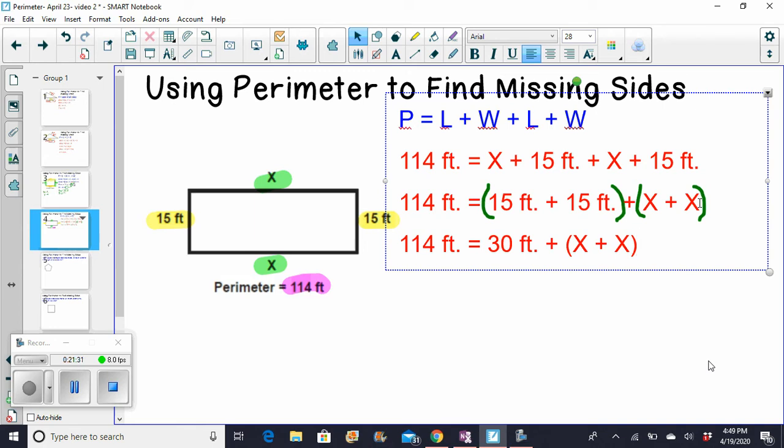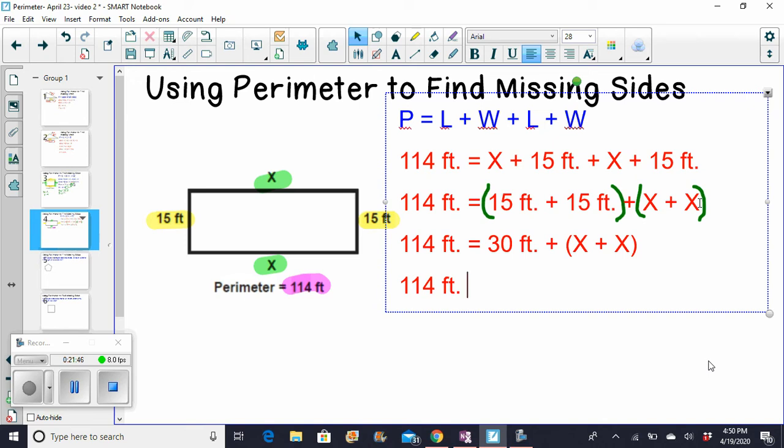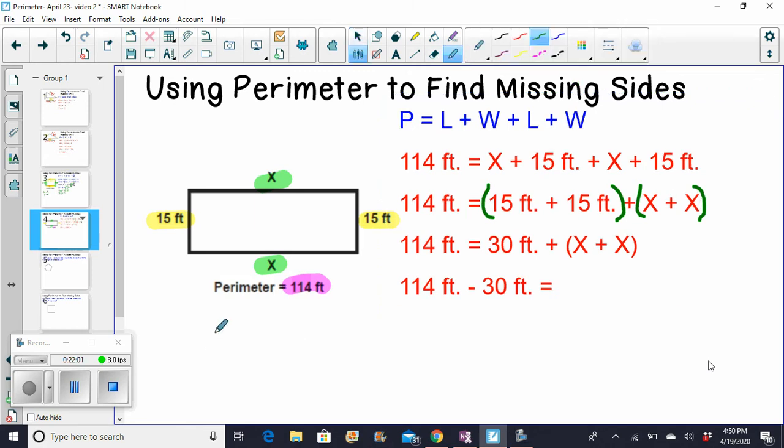So 30 plus what equals 114? That's my next step. Let's do some subtraction to find that missing value. So I'm going to use subtraction to help find what I'm missing in addition. 114 feet minus 30 feet equals, all right, do the work yourself, please. Stack it up. I'll do it down here.